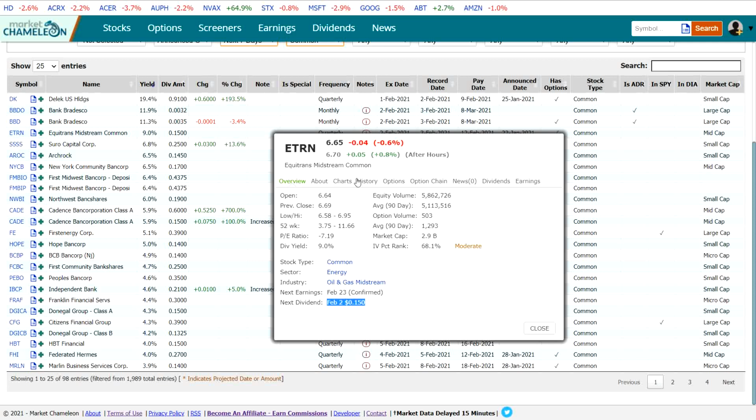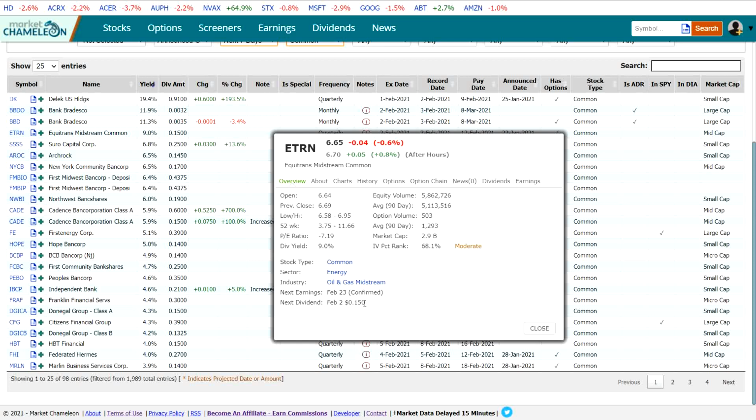So if you do the math, let's say you buy 1,000 shares. 1,000 shares is $6,650, and you get paid, how much is that? 15 cents. So 1, 2, 3, 150 bucks. You get paid 150 bucks for every 1,000 shares that you hold. Pretty awesome, and you can sell it on ex-dividend date, or day after, week after, or year after.